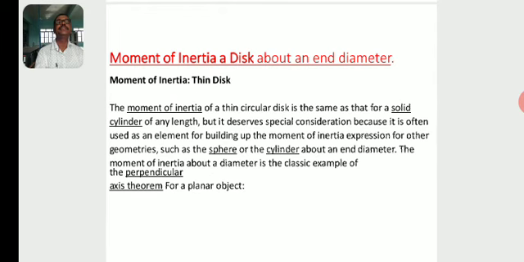But it deserves special consideration because it is often used as an element for building up the moment of inertia expressions for other geometries, such as the sphere or the cylinder about an end diameter. The moment of inertia about a diameter is the classic example of the perpendicular axis theorem for a planar object.